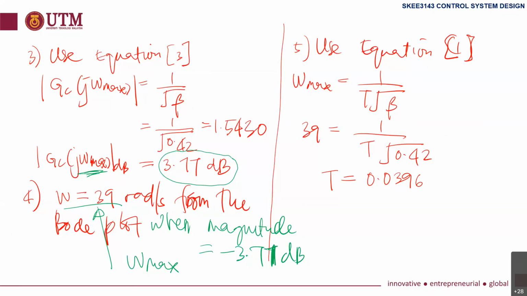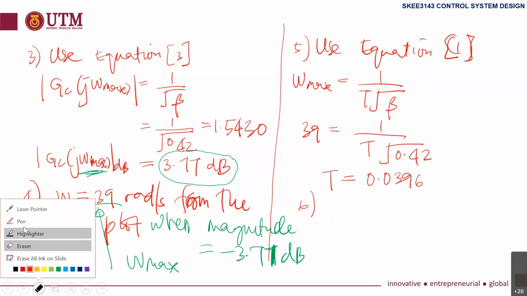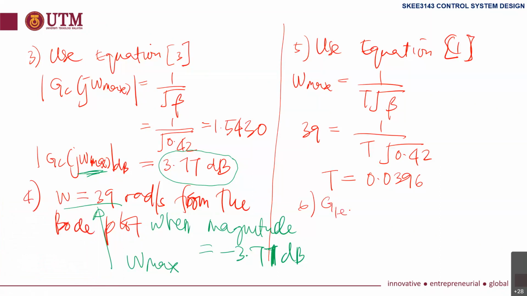We already have beta. We already have T. Then we can finally obtain the transfer function Gc, or G lead compensator. G lead is 1 over beta, S plus 1 over T, over S plus 1 over beta T. Okay, you see beta is always less than 1.